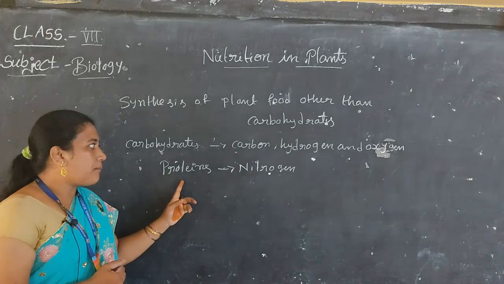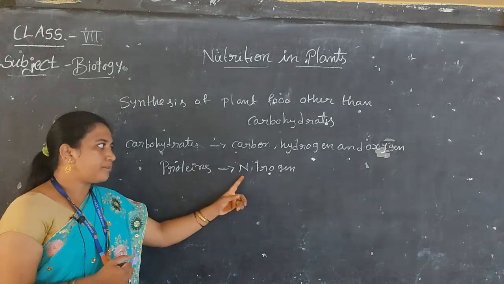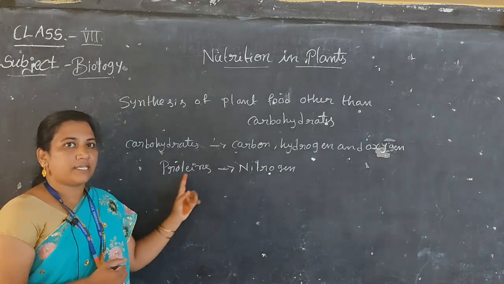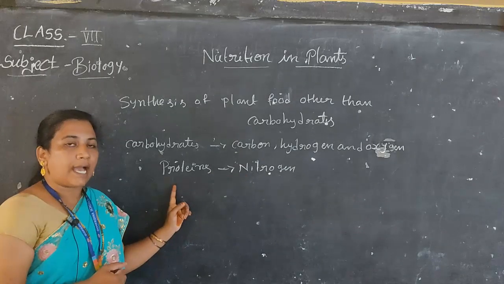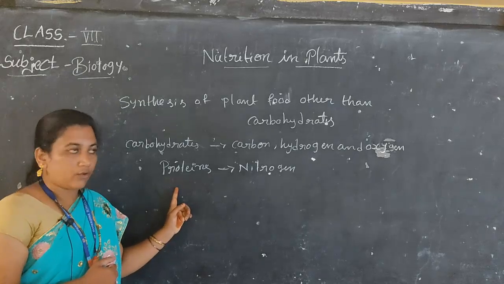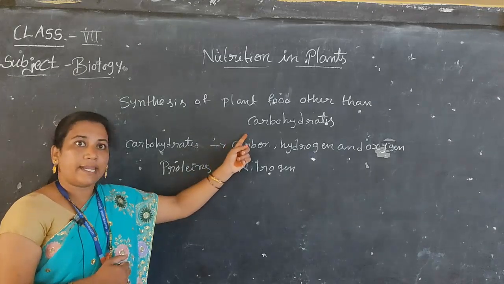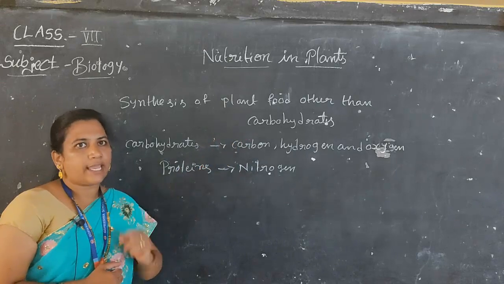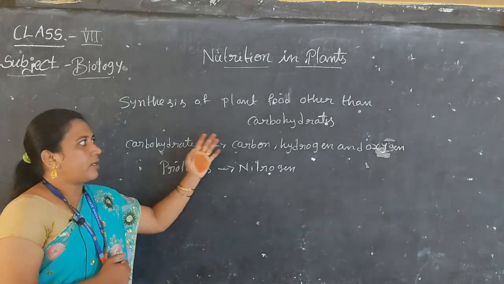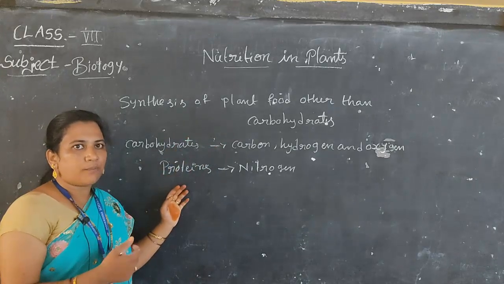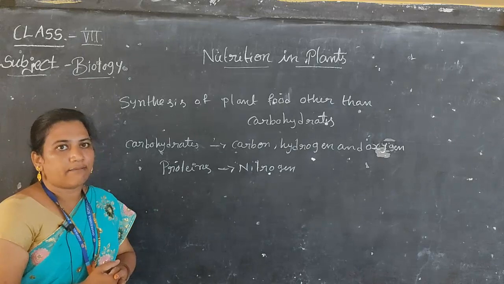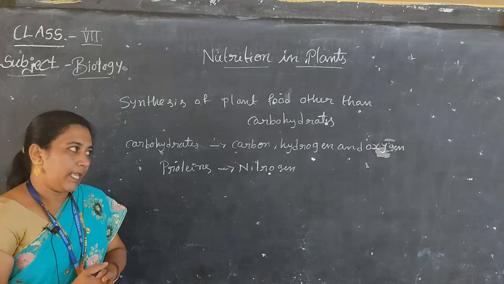The major component of proteins is nitrogen. These proteins are helpful for our body growth and development. Carbohydrates are energy giving food, fat is also energy giving food, and different nutrients play different roles in the growth and development of our body.